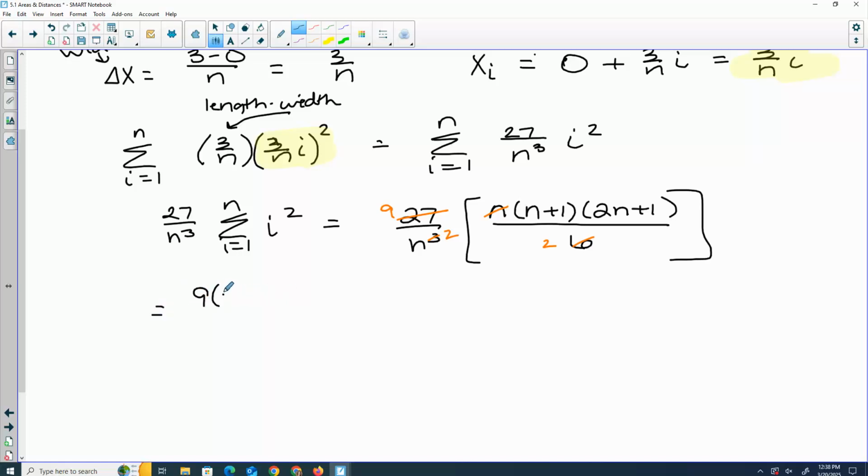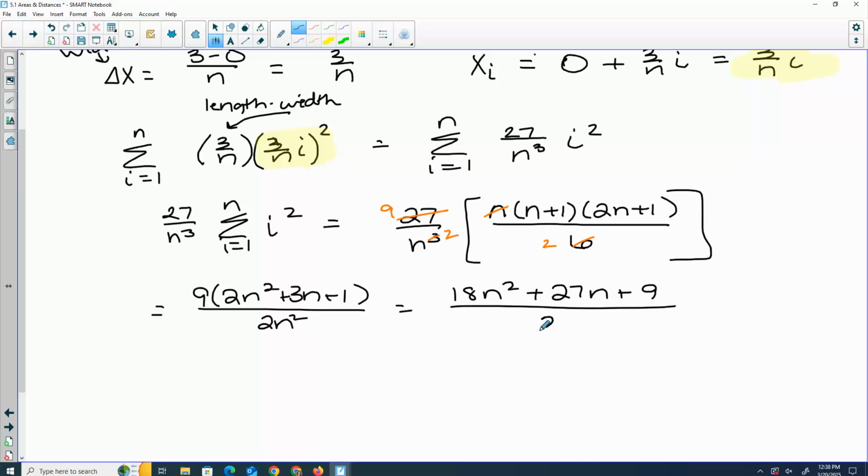If I FOIL this out, 2n squared plus 3n plus 1 over 2n. Would it not be 2n squared? Yeah. So that's 18n squared plus 27n plus 9 over 2n squared.